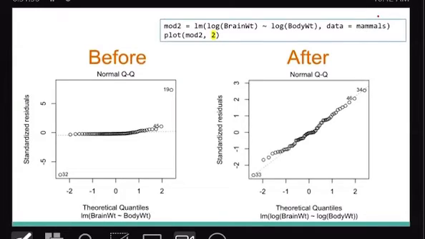Do you see the code? What is different? Mod 2. It just gives you this. Before, there was a violation of normality as displayed by the QQ plot, but after transformation, what happened? No violation anymore. That is a way to tell. Does that make sense?